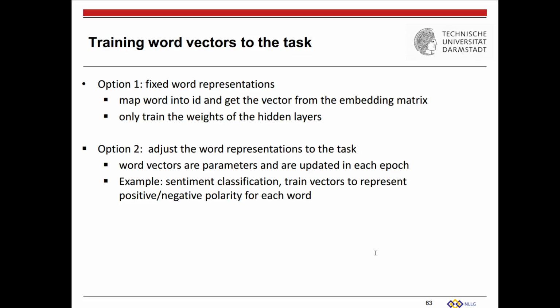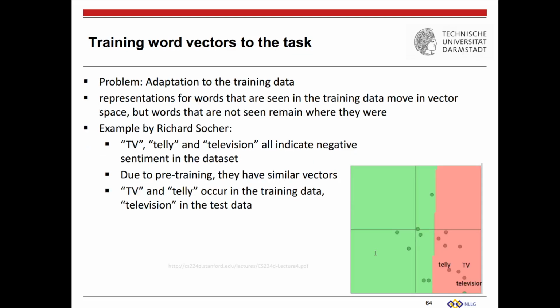Just as a simple learning process. This is also just a mapping between a one-hot vector and an embedding space, so you can train this matrix also. So we could also adjust our word embeddings. And then the question is, shall we fix the word embeddings, or shall we train them on the task?